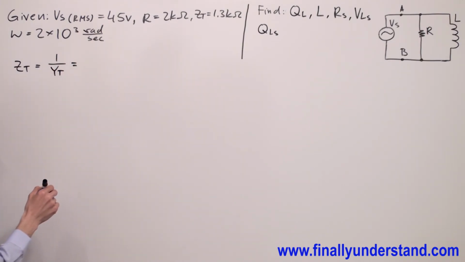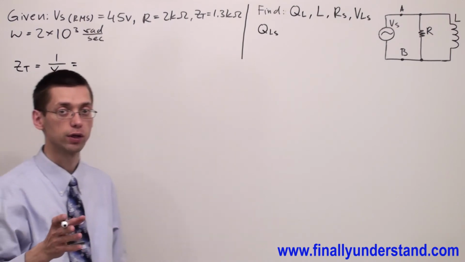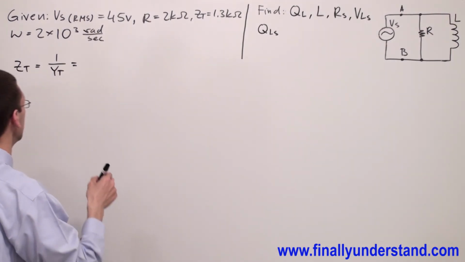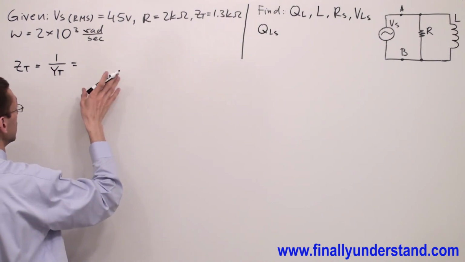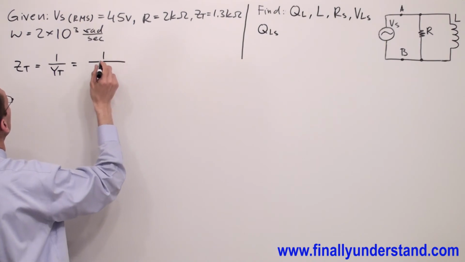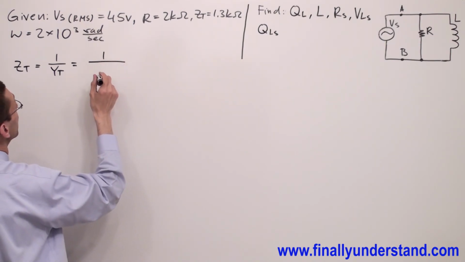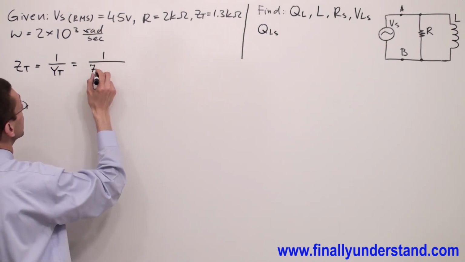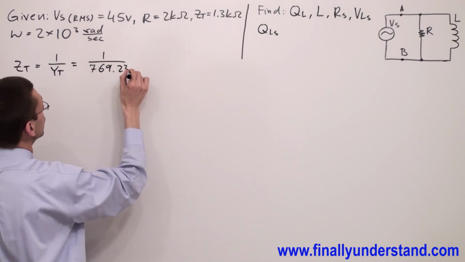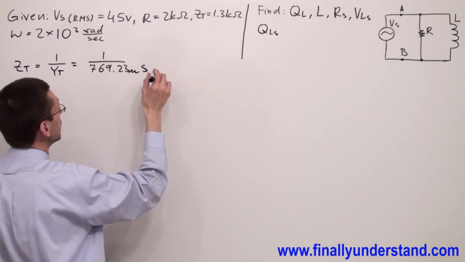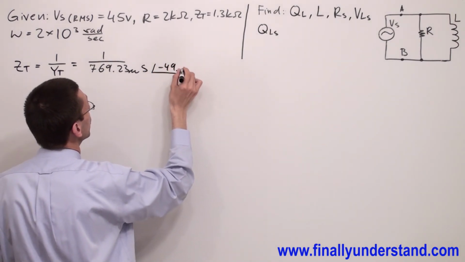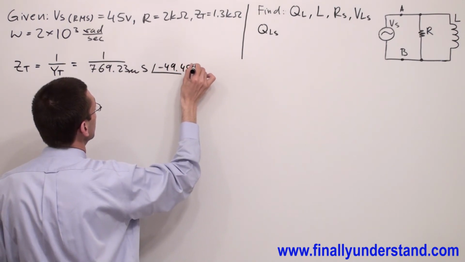Next, you're supposed to switch your calculators to rectangular mode, right? I want to get the answer in rectangular form. So I have 1 over Y total we found is equal to 769.23 microsiemens, and I have angle negative 49.45 degrees.